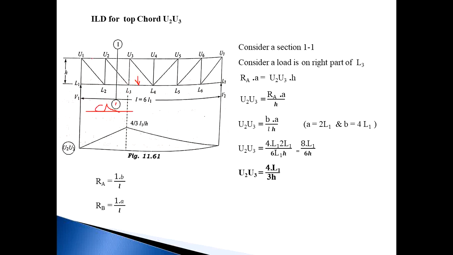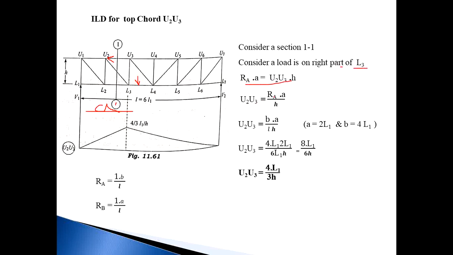The direction of the moment of U2U3 with respect to L3 is anti-clockwise, and the distance of that member from L3 is H. So U2U3 into H. This is the equation taking moment about L3.